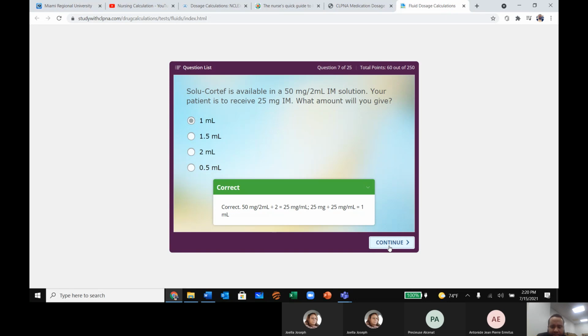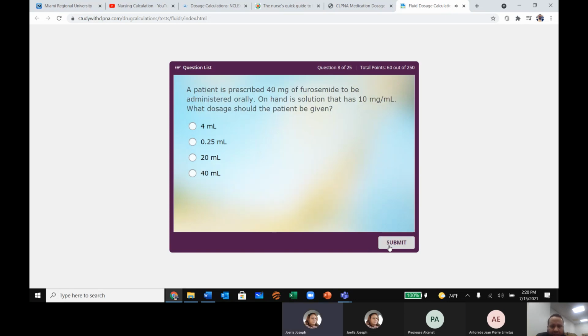Everyone agree? Yes, Professor. Next problem. A patient is prescribed 40 milligrams of furosemide to be administered orally. On hand is a solution that has 10 milligrams per ml.